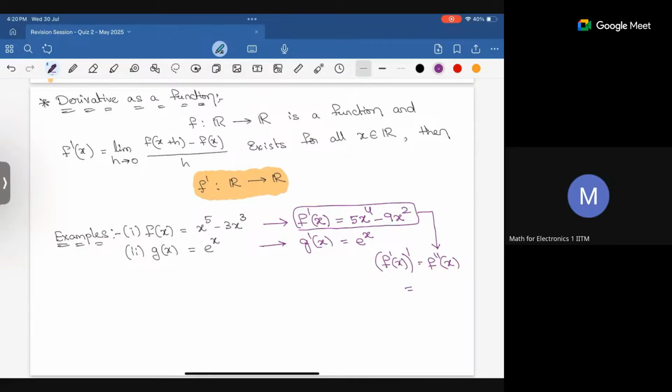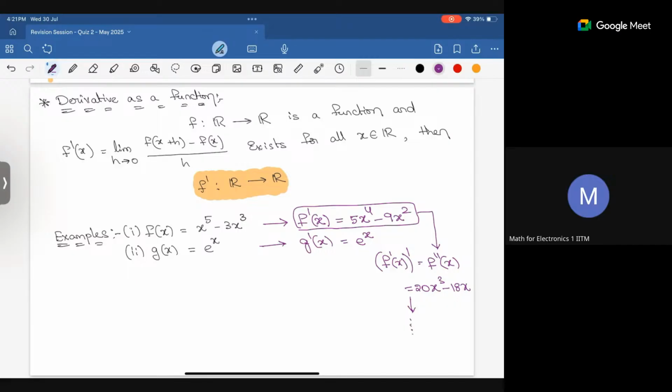Therefore, the derivative function exists, and that will be equal to 20x cube minus 18x. Again, f double prime of x is another function, a 3-degree polynomial, so it is smooth at every point and its derivative exists.